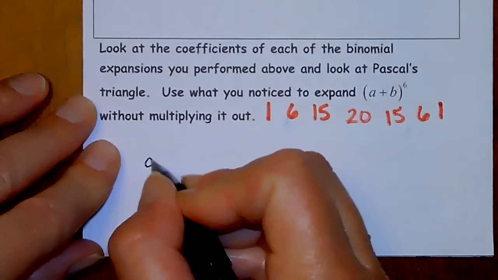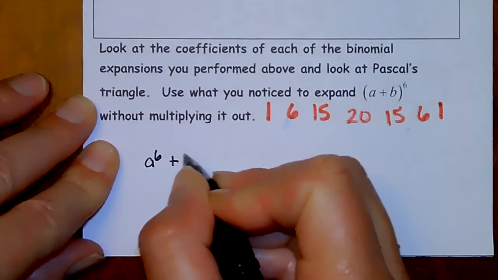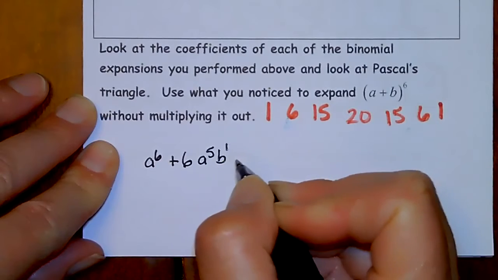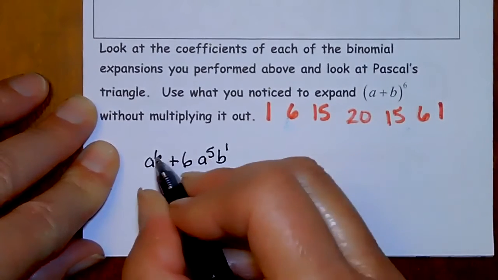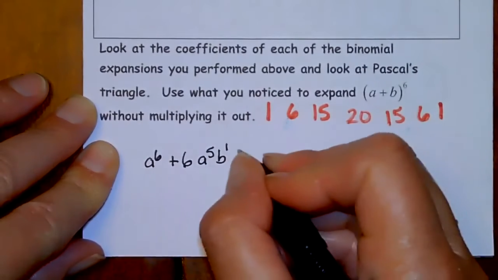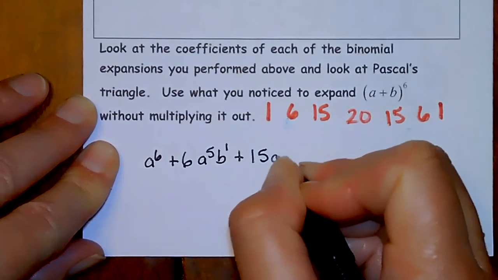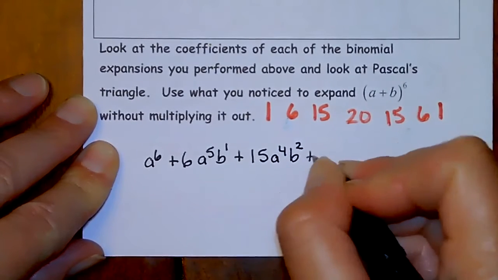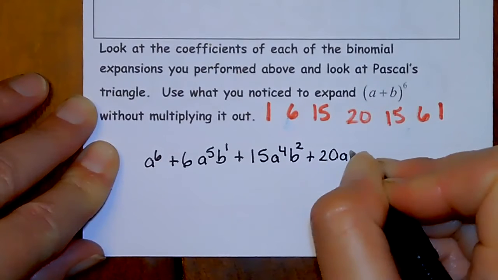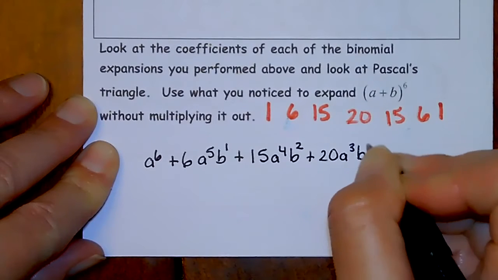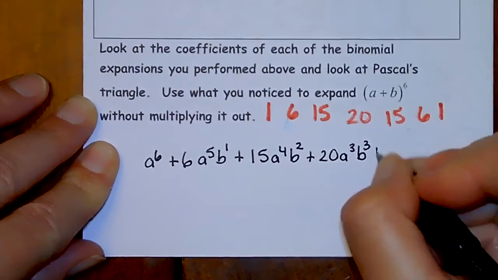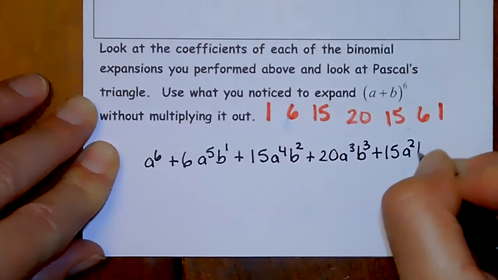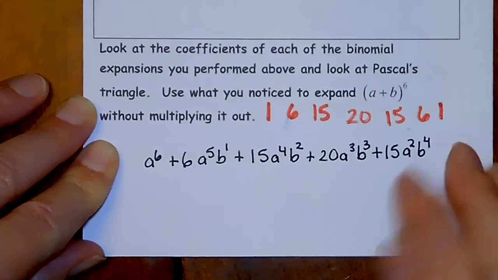So I'm going to start with A to the 6th plus 6, A to the 5th, B to the 1st. And again, now my exponents are going to add up to 6 each time, plus 15, A to the 4th, B to the 2nd, plus 20, A to the 3rd, B to the 3rd, plus 15, A to the 2nd, B to the 4th.